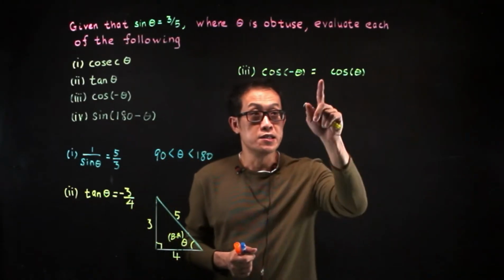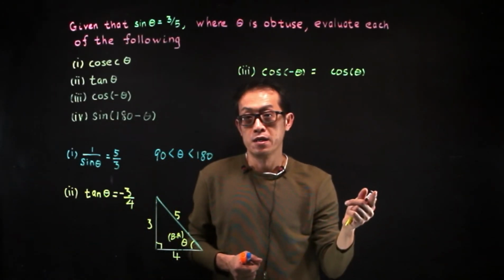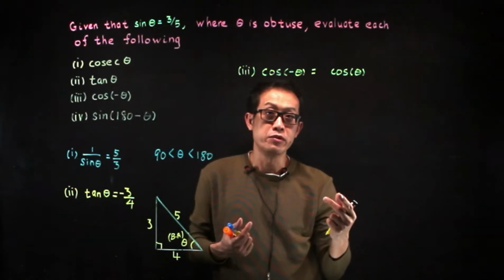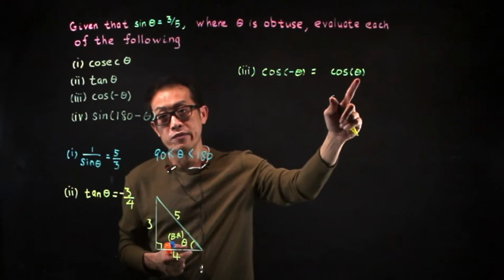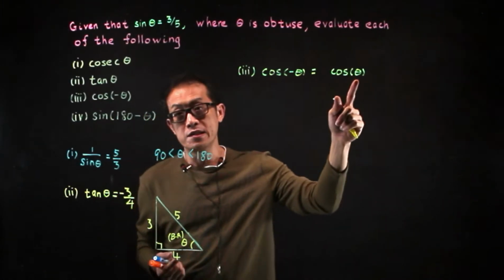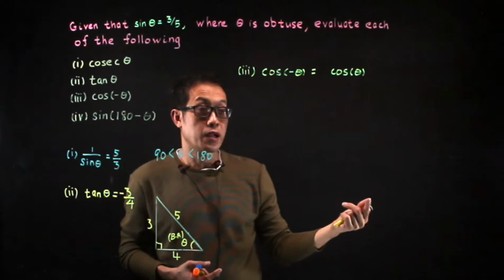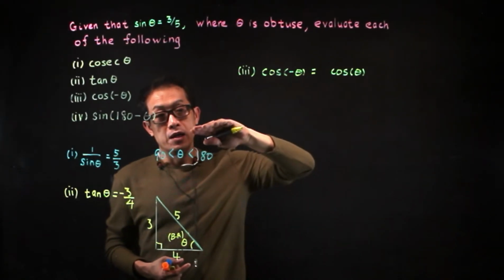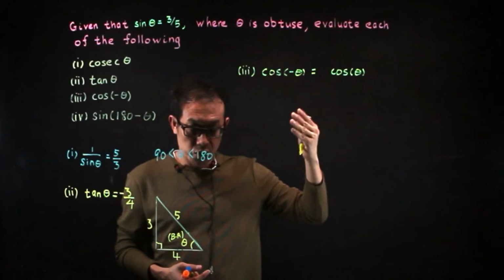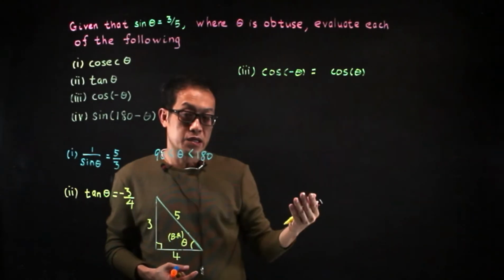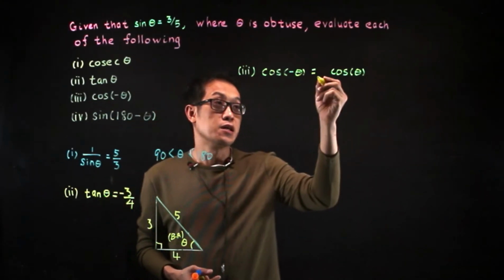The question is, is it plus or minus? To help us imagine, we always take theta to be in the first quadrant. Now if theta is in the first quadrant, minus theta is in the fourth quadrant. Cosine is positive in the first quadrant and also positive in the fourth quadrant. So this is a plus.